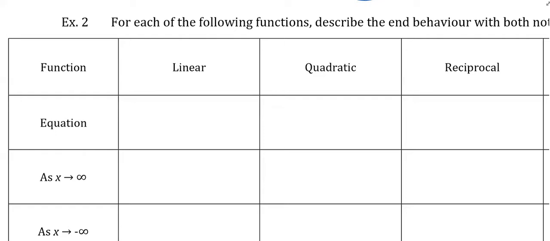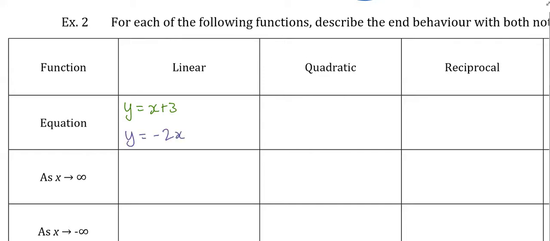So I'm going to do two equations here: y equals x plus 3, and y equals negative 2x. What I notice is they have different leading coefficients. One is positive, one is negative. They're both degree 1, which we also call linear.